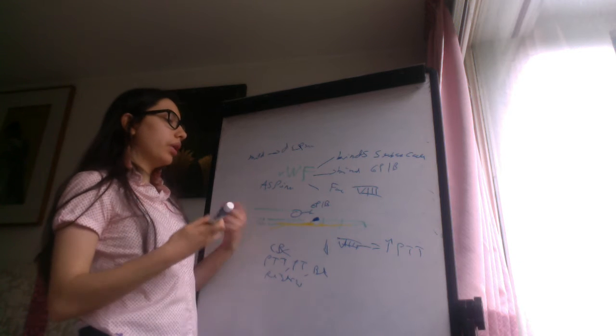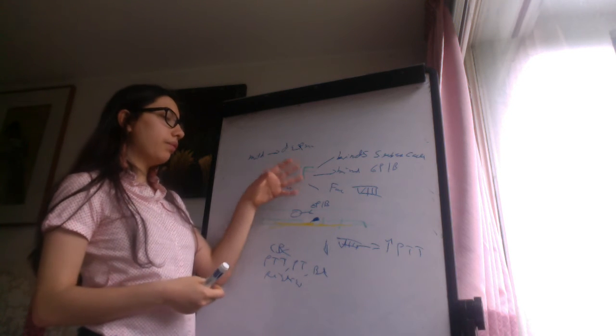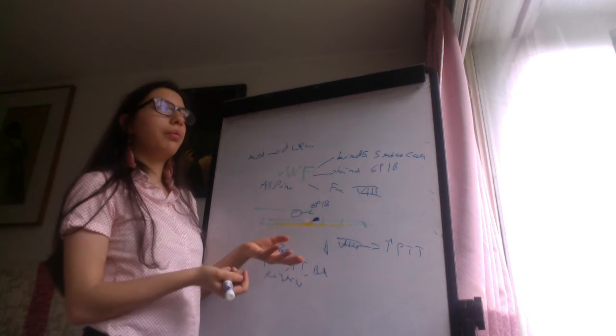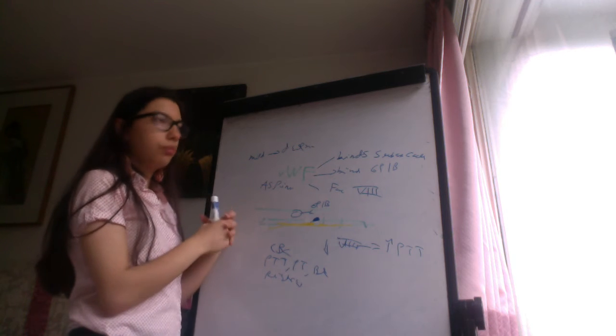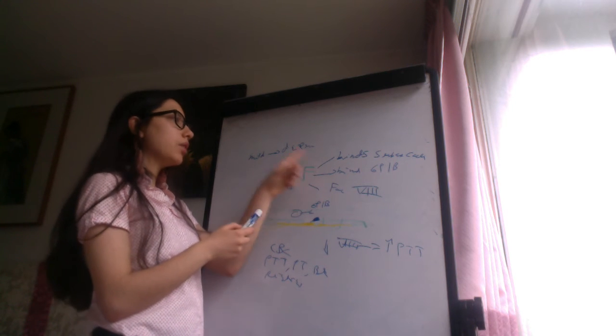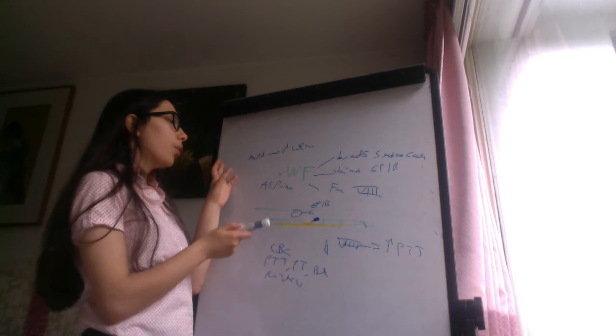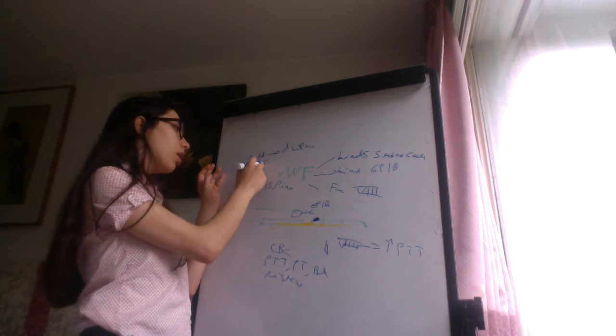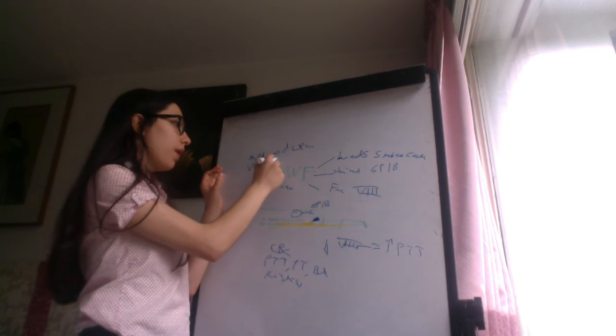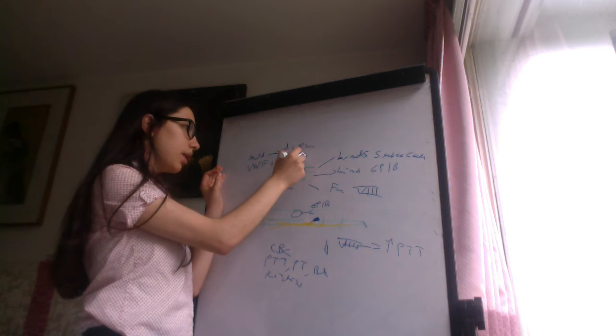Desmopressin will induce the release of von Willebrand factor from its storage in the endothelium. So for that we give desmopressin or desmopressin acetate. If it is more severe, we give von Willebrand factor, and we could also give factor 7.